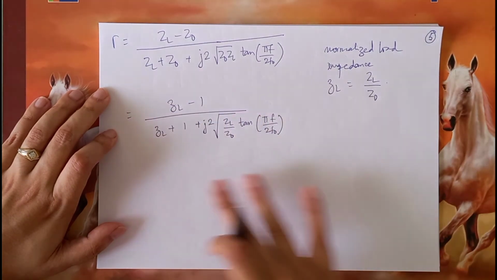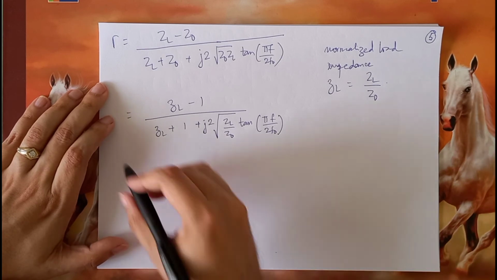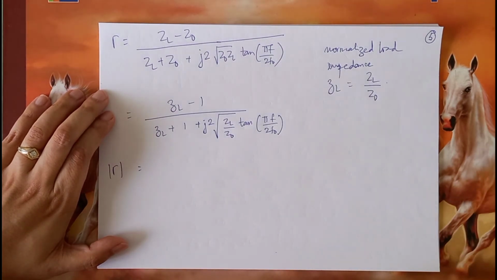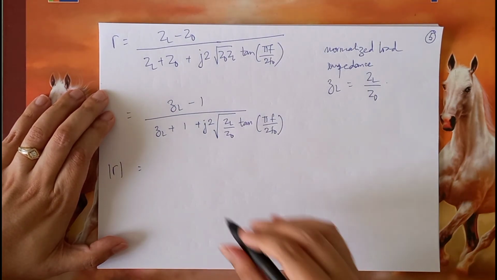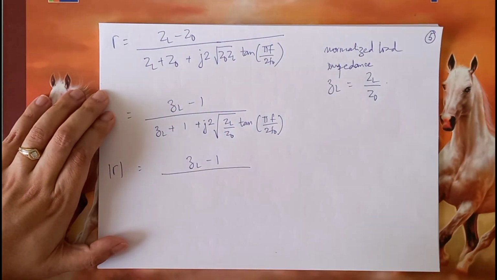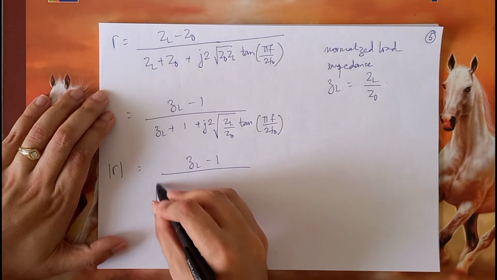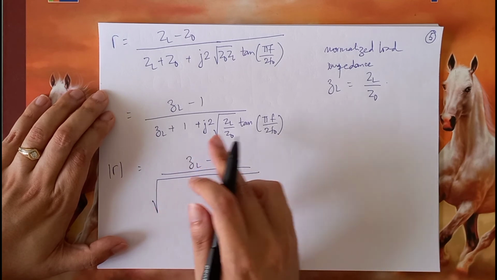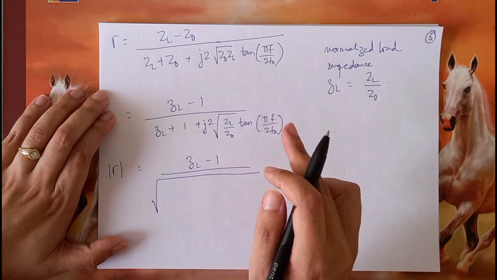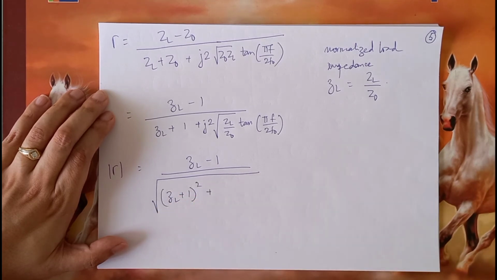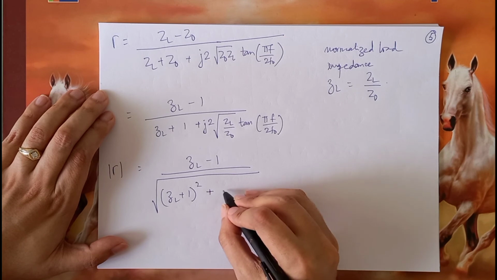So now this is a complex quantity. So therefore, let us look at the magnitude of this gamma. So what's going to happen is the magnitude of gamma will be zl minus 1, because this is the real quantity, divided by the real part square plus the imaginary part square, that is 4.